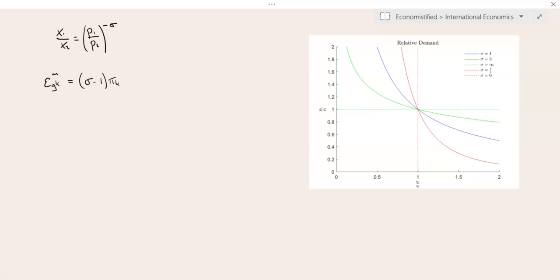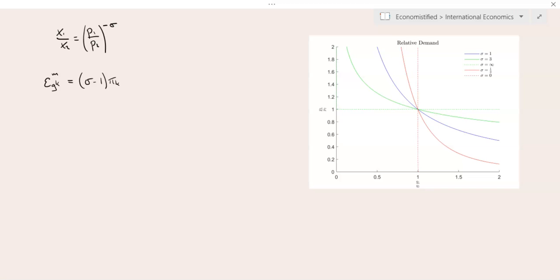If the price of good K increases, I'm going to reduce my demand for good K, and because of that, I'll also reduce my demand for good G, because goods G and K are complements.